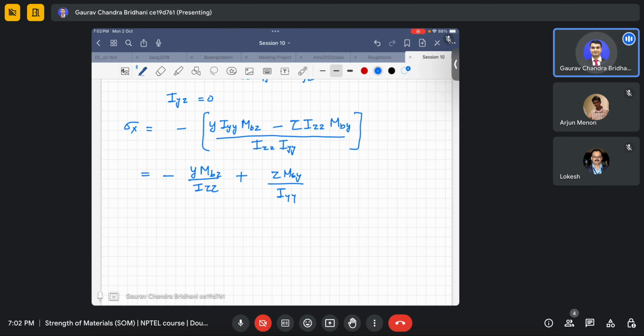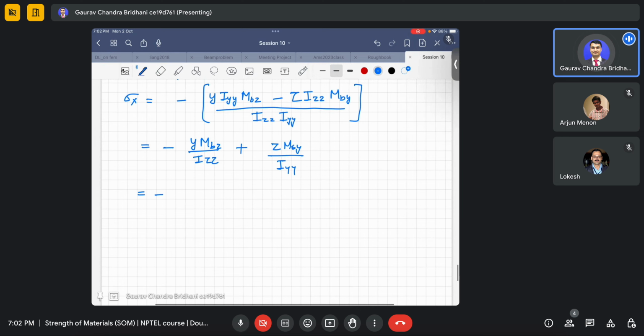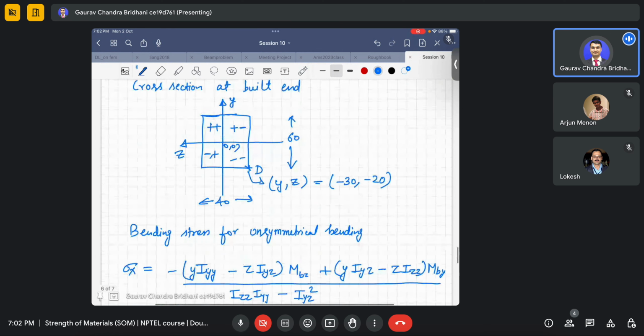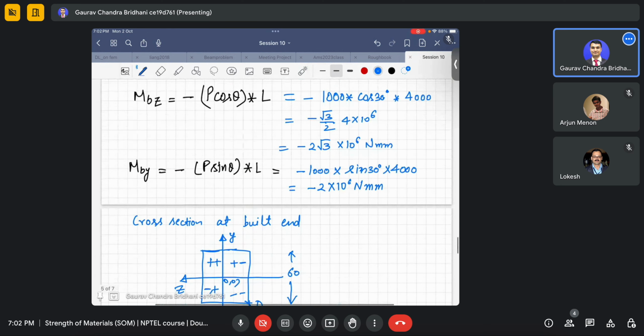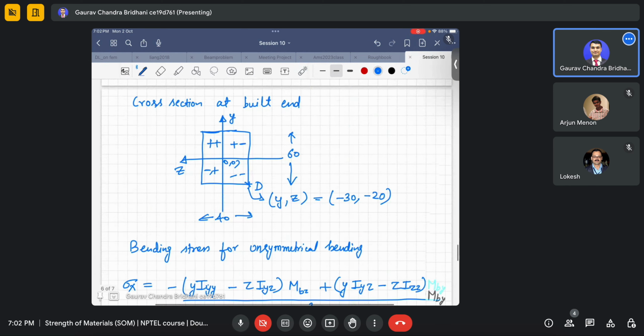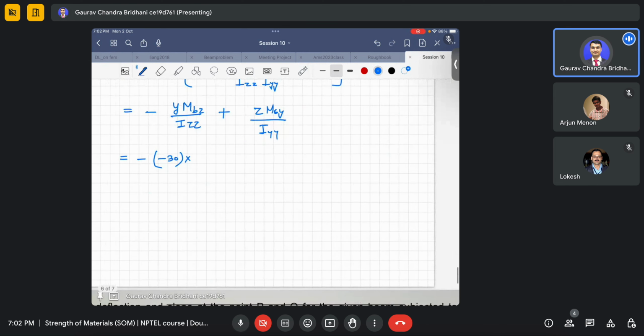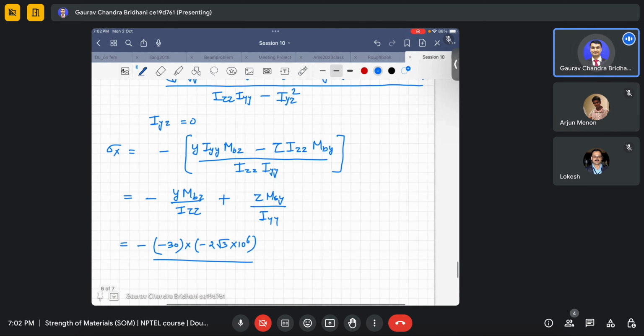Okay, let's substitute the values. So minus y is minus 30, mbz. So mbz for us is minus 2 root 3 into 10 to power 6 divided by Izz.